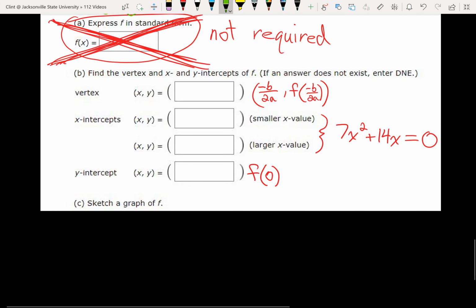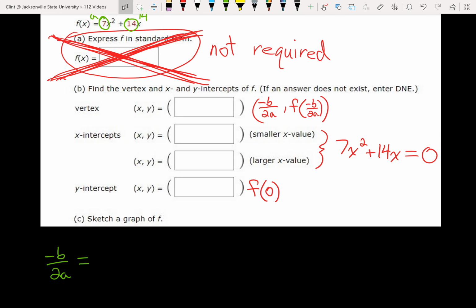So for the vertex, our a here is 7, our b is 14. Negative b over 2a, we're going to get negative 14 over 2 times 7, so negative 14 over 14. So this time the x coordinate of our vertex is 1. Then we plug that 1 in, find f of 1 to get our y coordinate.